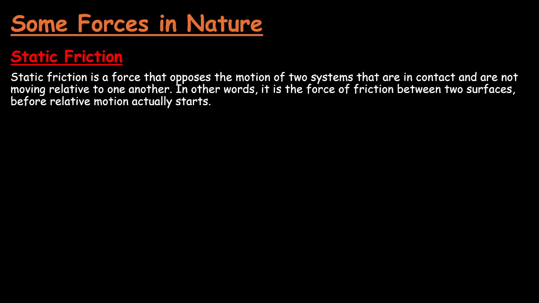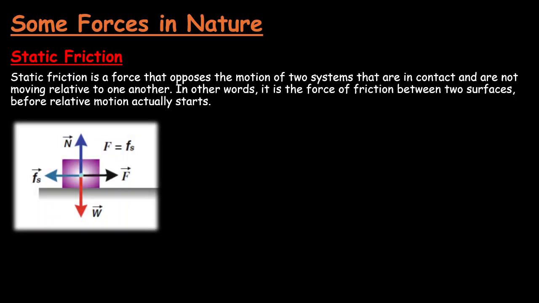Now let's talk about static friction, the first type of friction. Static friction can be defined as a force that opposes the motion of two systems that are in contact and are not moving relative to one another. In other words, it is the force of friction between two surfaces before relative motion. Okay, let's see this illustration here. For instance, you have a block, and you put it on a surface, let's say a rough surface.